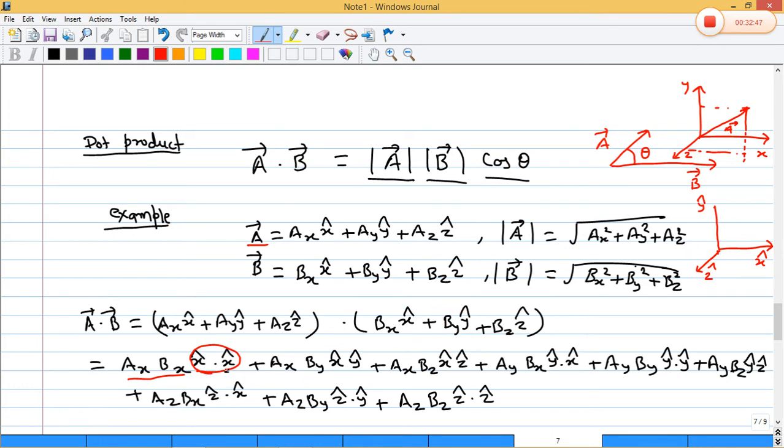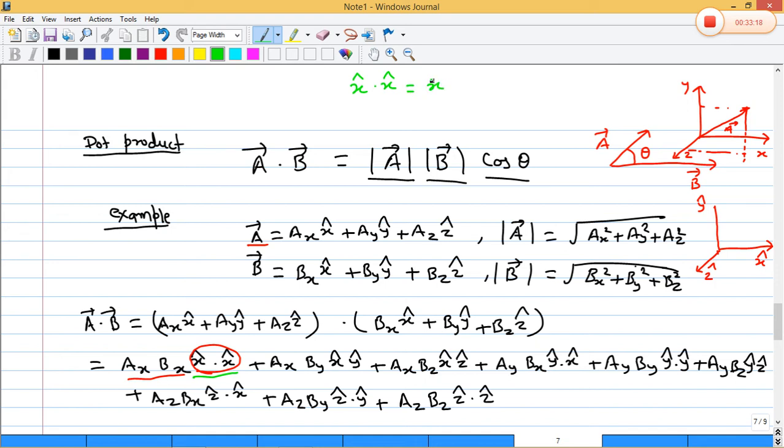So x cap into x cap will be 1. Is it clear? Why? Because theta will be 0 between x cap and x cap, so cos 0 is 1. Suppose we want to know what will happen with x cap into x cap if this is a unit vector. But a unit vector is also a vector, no?